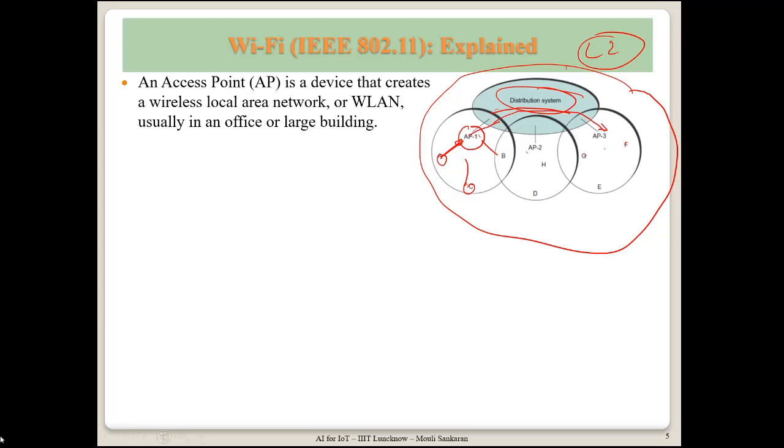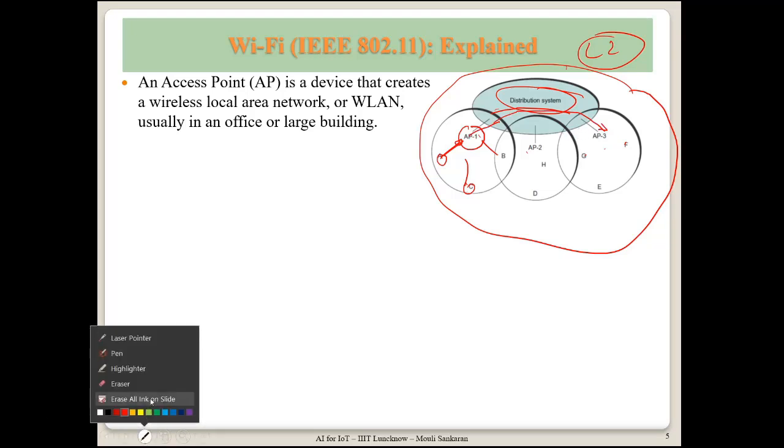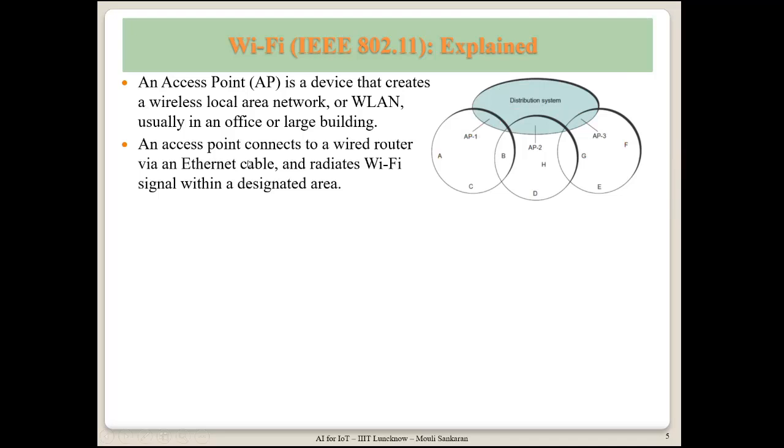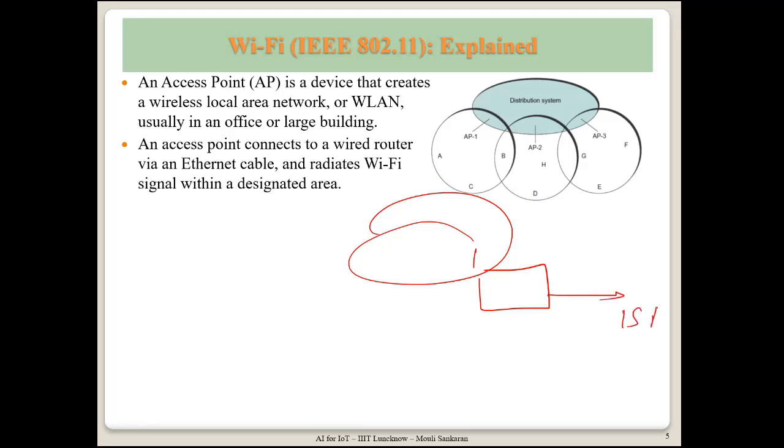I cannot use routing for L2. So the packets go around this area. Let me tell you what is happening. An access point connects to the wired router. Normally, at home, Wi-Fi is transmitting locally and then connecting to the internet service provider through an optical cable or whatever, so that it connects to the internet.